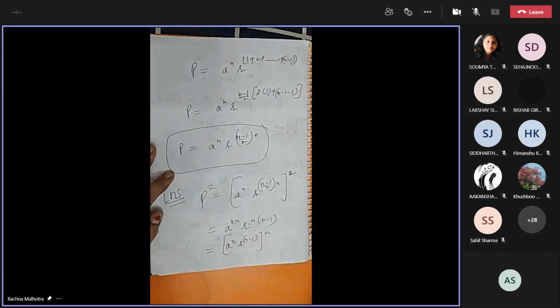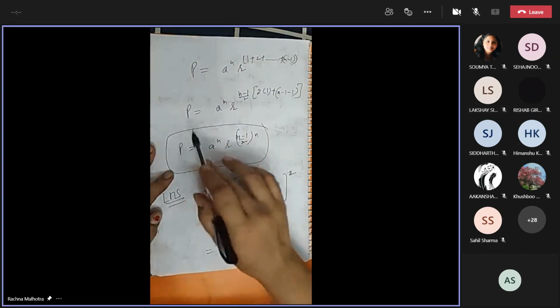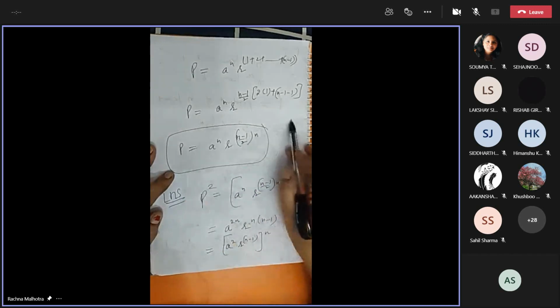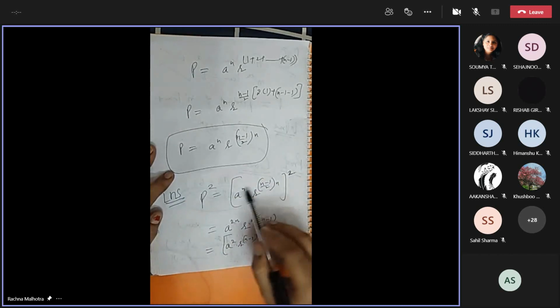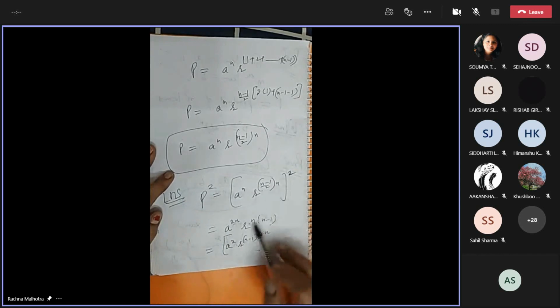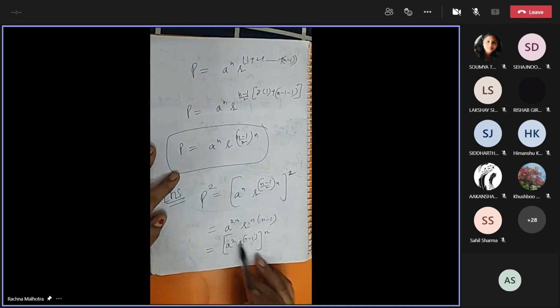Again we can write it also as this whole power n, because I repeat, I am finding P square, just applying square here. So A to the power n, and again its power is, we can multiply the powers, 2n or 2 to cancel out with n minus 1. Can we write it again as A square R to the power n minus 1, because the powers will be multiplied, 2 into n.